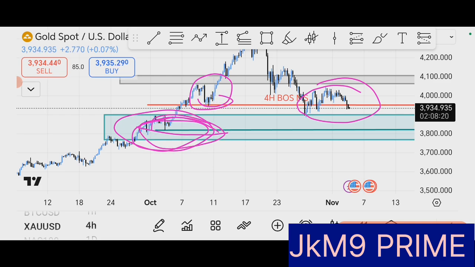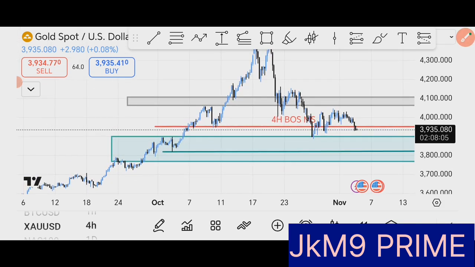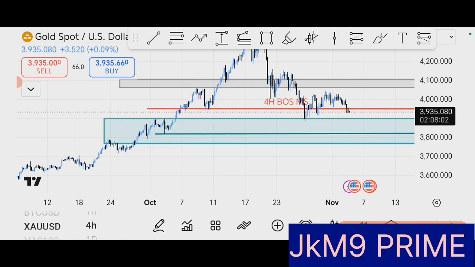So price may take until here, touch the support, then retest, then maybe slowly go back. Or else, if there is any positive news for the US, it may touch here, then maybe retest, then go down all the way. What will happen next, we will wait and watch.